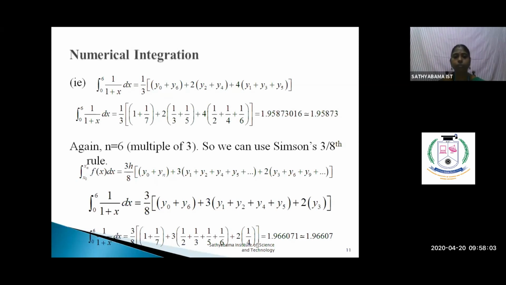So now y6 is written in the place of yn. So y0 plus y6 plus 2 times y2 plus y4. We are not writing y6. Keep it in mind, y6 has already appeared in the place of yn, so we should not write it again. Then plus 4 times y1 plus y3 plus y5. And all the data are entered in this formula.